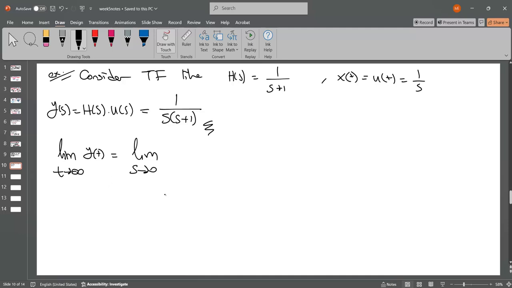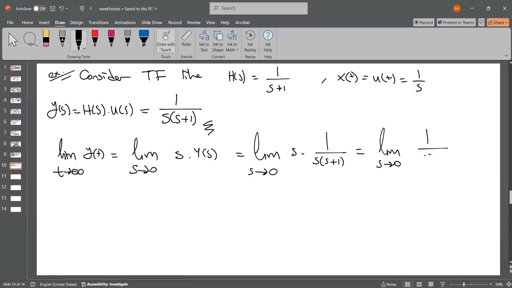So s times Y(s), which equals s times 1 over s times (s plus 1), which equals the limit s going to 0 of 1 divided by s plus 1, which equals 1. So we know that if we apply the unit step signal into the H(s) system, we will get 1 at infinity.